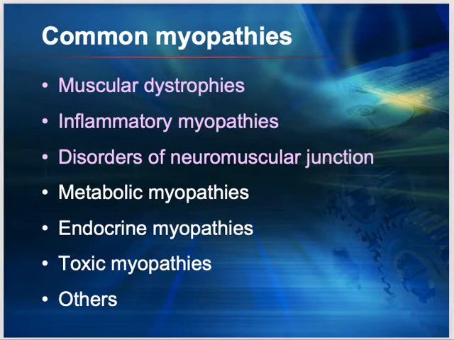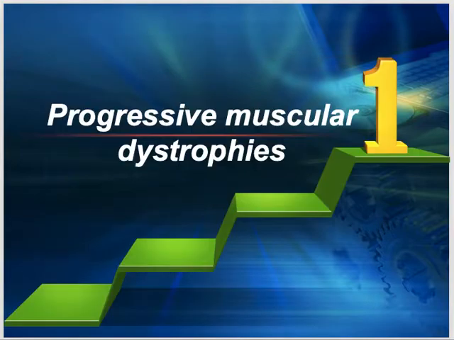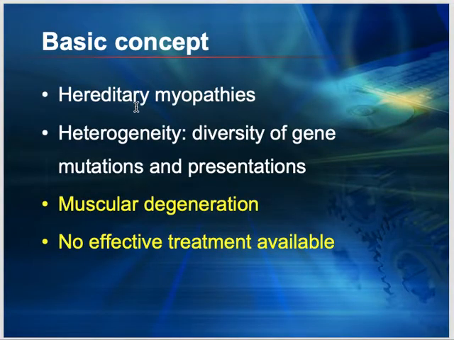Now guys, I would like to discuss the progressive muscular dystrophies. They are progressive, right? When there is progressive muscular dystrophy, there is no effective treatment available, and there will be muscle degeneration.